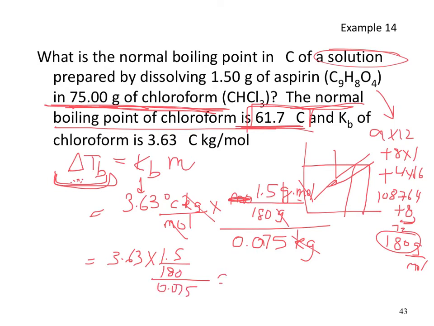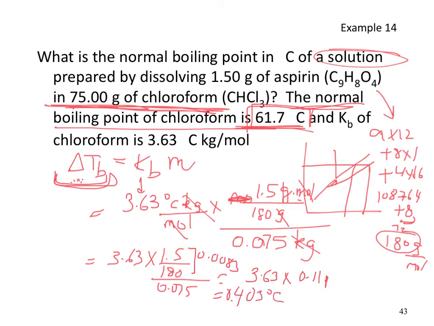This part came out to be 0.0083, and I'm going to divide that number by 0.075. That's 0.111. So 3.63 times 0.111 gives you the change of 0.403 degrees Celsius.